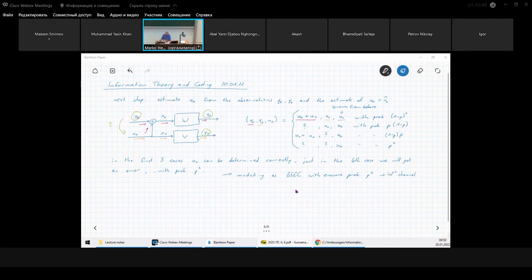So for example, if we use again p of 0.1, then p square will be already 0.01. This will be quite safe, very low error. This is why we use the term the W plus channel, the good channel, and the W minus channel being the bad channel.